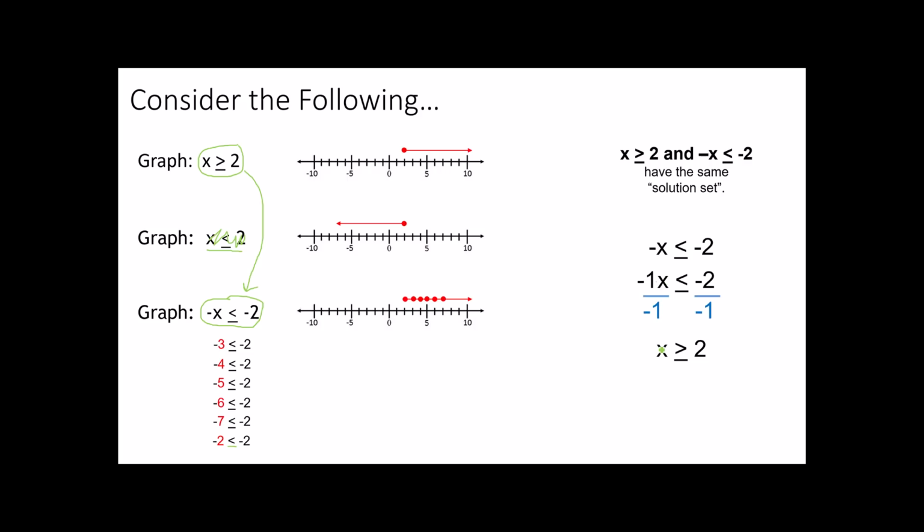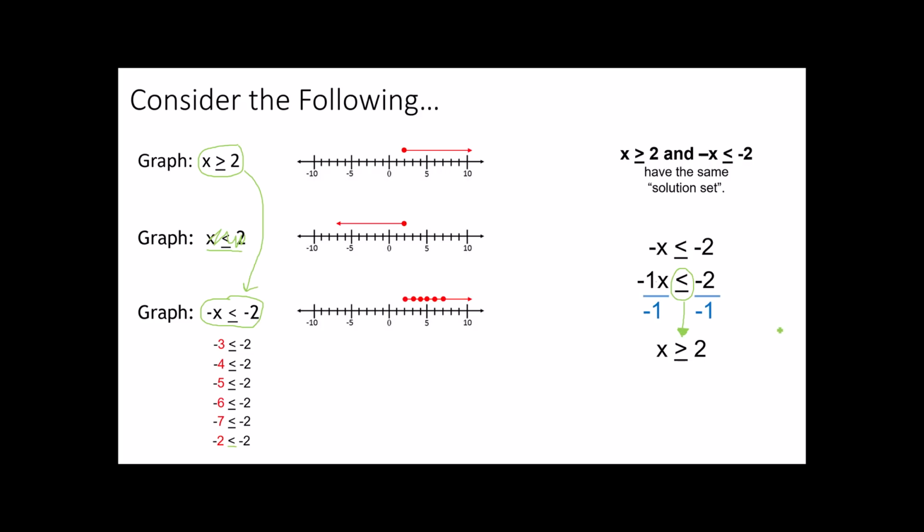I will get an x over on the left, I will get a 2 on the right. But in order for these to be the same, this sign has to switch. This is a very interesting characteristic of inequalities, that if we multiply or divide both sides by a negative sign, in order to maintain the truth of the inequality, we have to flip that inequality sign.